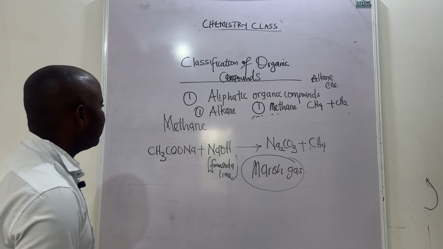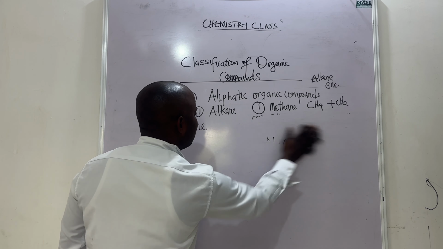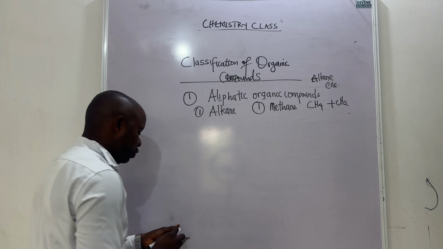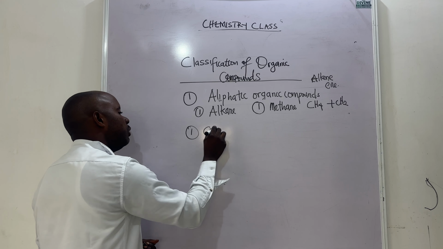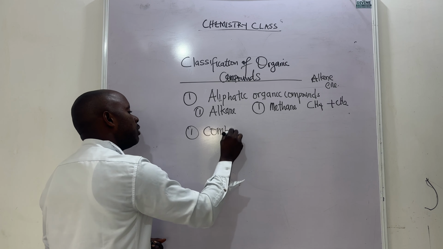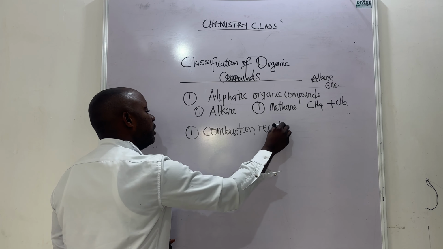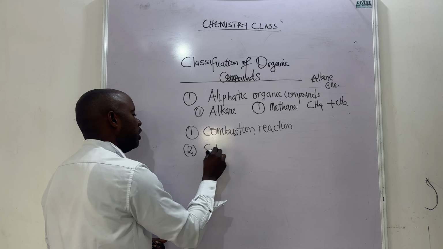So what are the common chemical reactions open to this family? They undergo two important chemical reactions. One of them is known as combustion reaction. The other one is substitution.